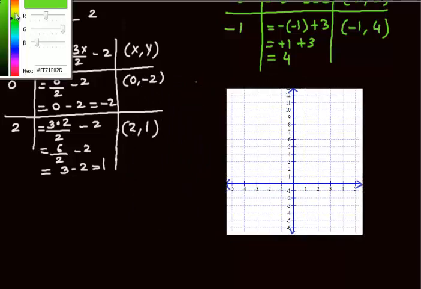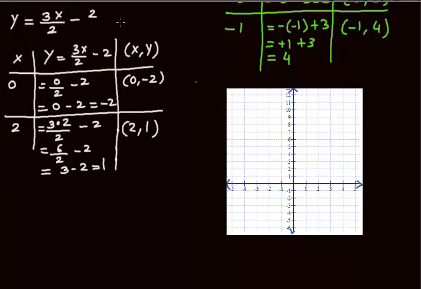Now I'll plot each coordinate on the graph paper. First I'll plot the first coordinates, which is 0, negative 2. Now here x is 0 and y is negative 2. So the point will lie on the y-axis on the negative side. So this will be the point.